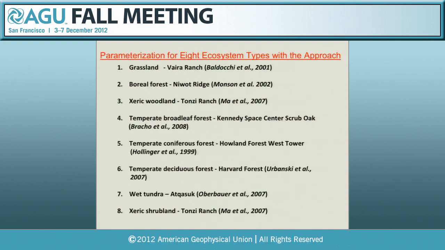This work extends that existing Bayesian approach to parameterize those key or representative ecosystem types in North America, including different kinds of forest ecosystems, grassland and tundra. The idea is to map these sets of parameters to the region.